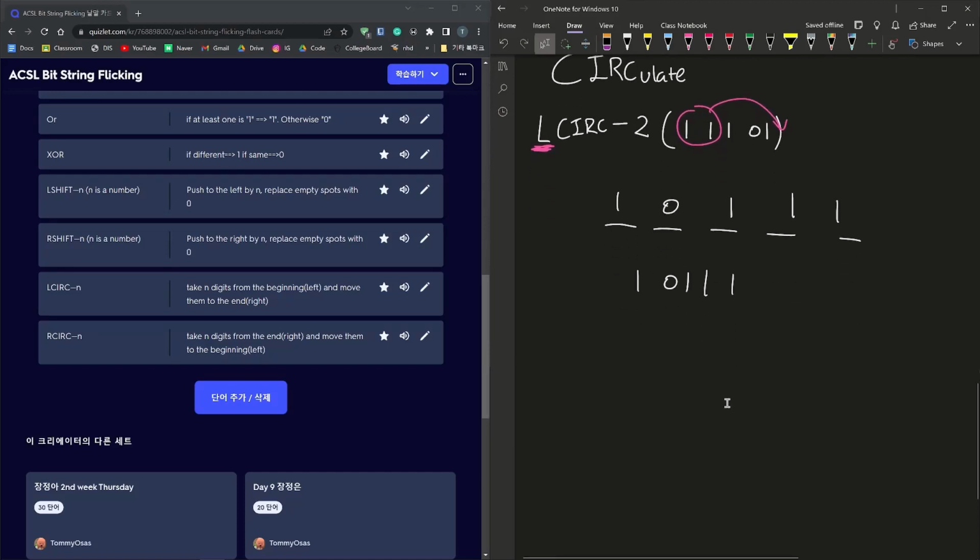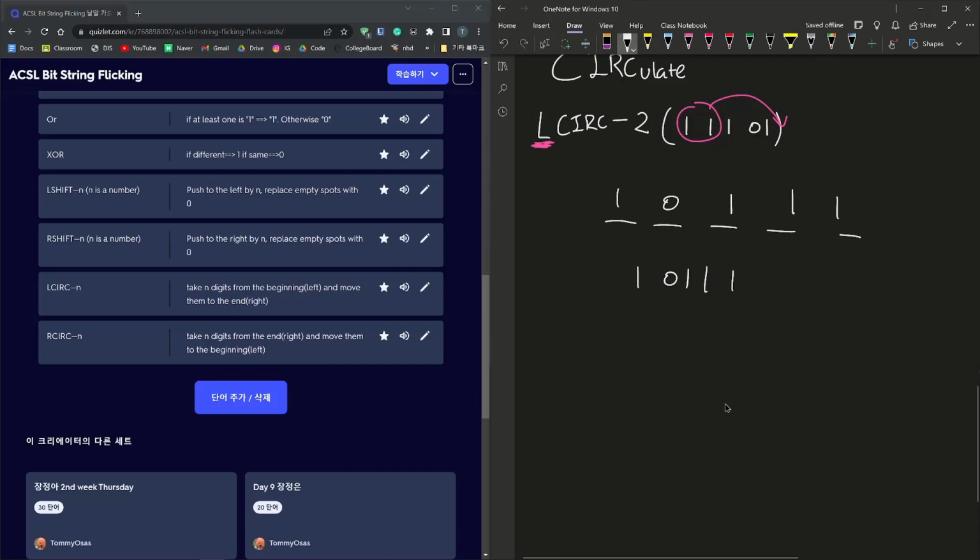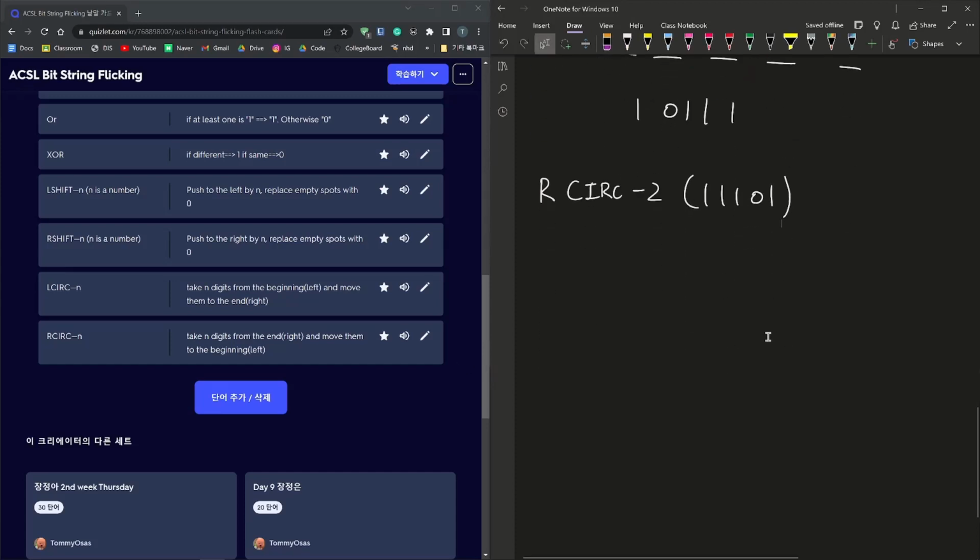RCIRC is the same thing, but you move it in the opposite way, from the right to the left. RCIRC 2, 1 1 1 0 1. Okay, again, let's say we have 1 2 3 4 5 spots, 1 1 1 0 1. We're going to push this right by 2, same thing as R shift, 1 2, right?